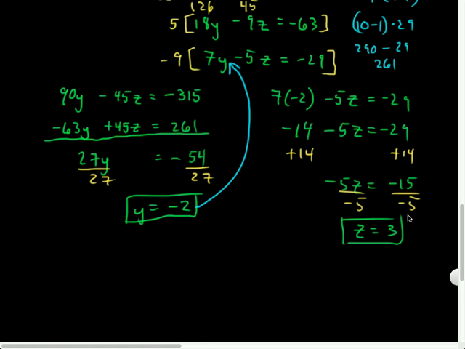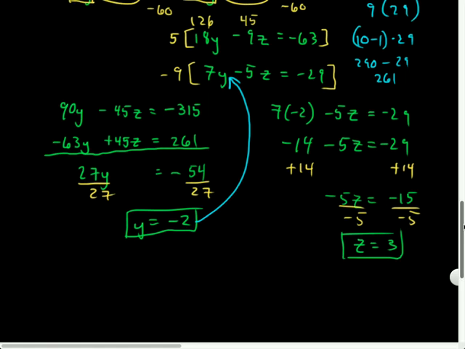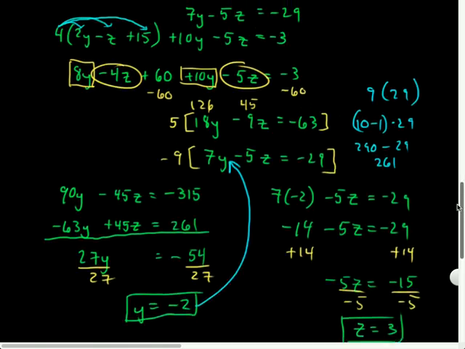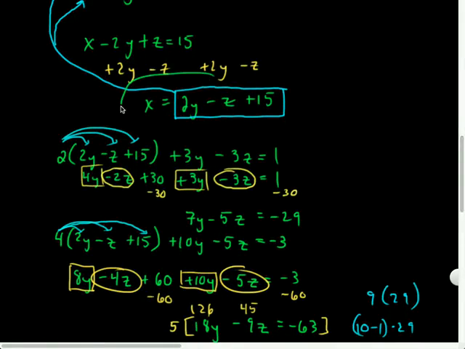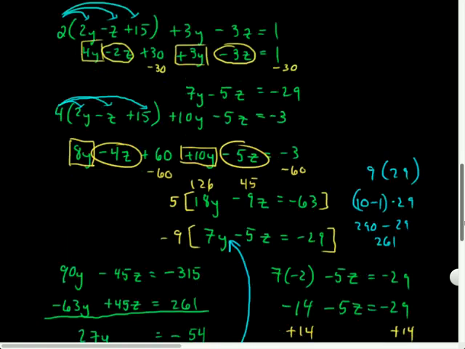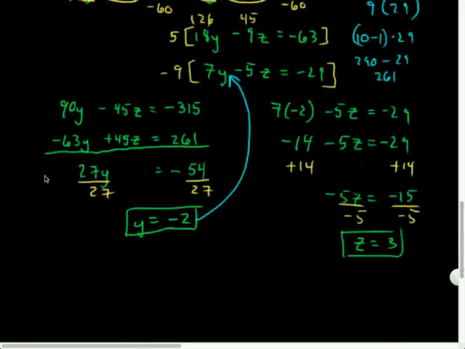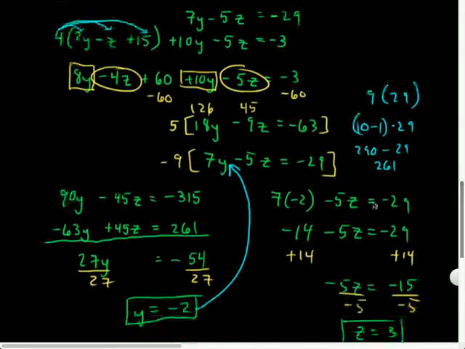So now I just need one more. What could I do to find an x? Plug it in one of the original 3, or, oh, this one looks actually really good right there. It's already solved for an x. Let's see, I'm going to actually draw a different colored arrow. We'll use purple arrows this time. Let's see, can I even fit it all in one?